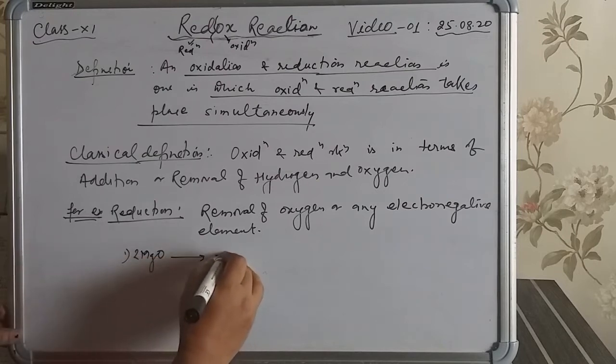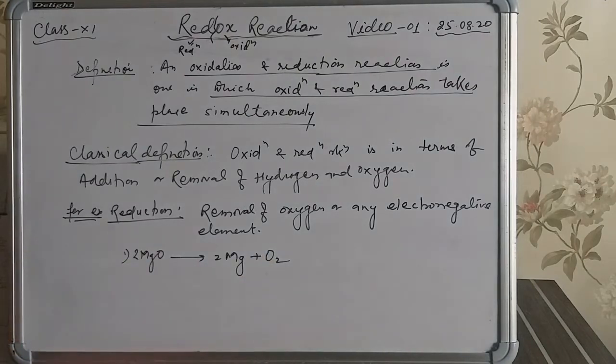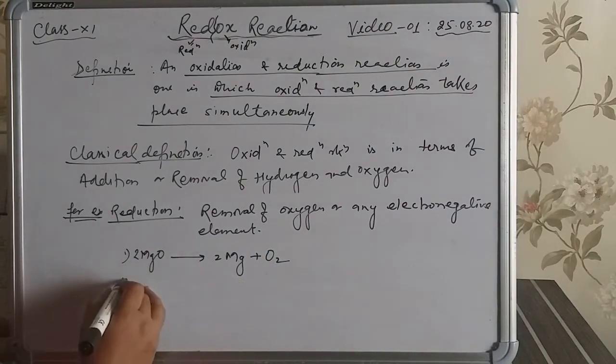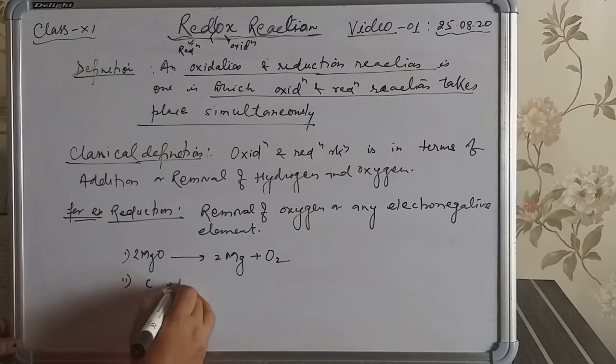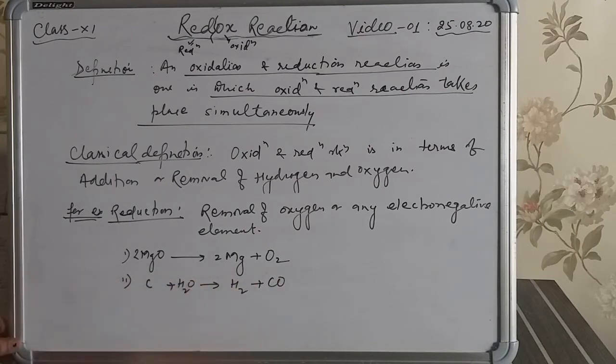When it forms magnesium plus oxygen, removal of oxygen takes place in this case. Suppose we have carbon plus water, so it will form H2 plus carbon monoxide.